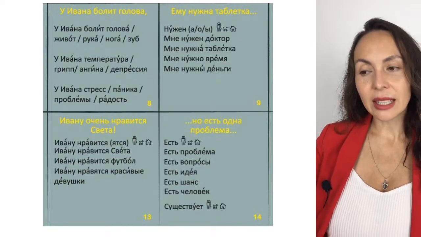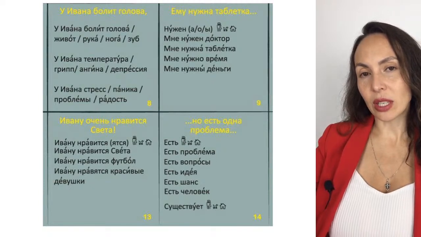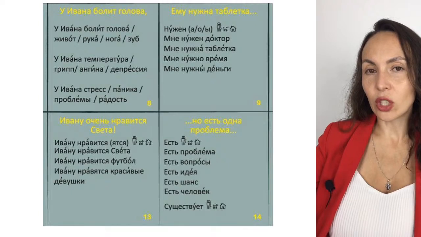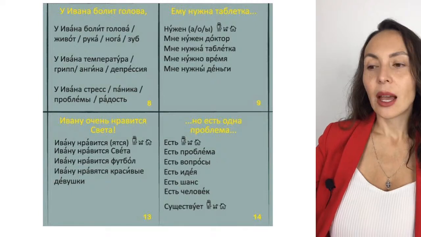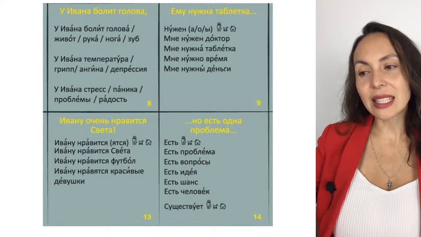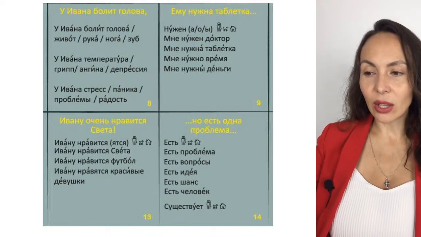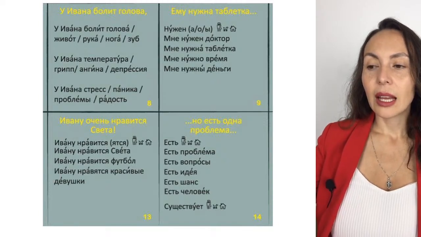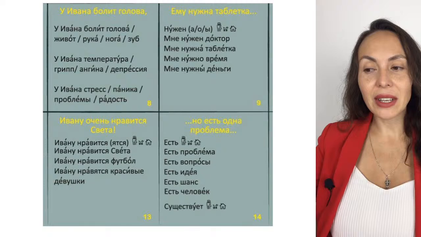Ивану нравится. Again, it is an impersonal structure. You just memorize it the way it is. Мне нравится. Мне нравится Света. Ивану нравится футбол. Ивану нравятся красивые девушки.